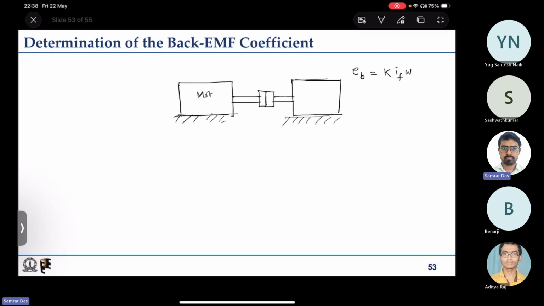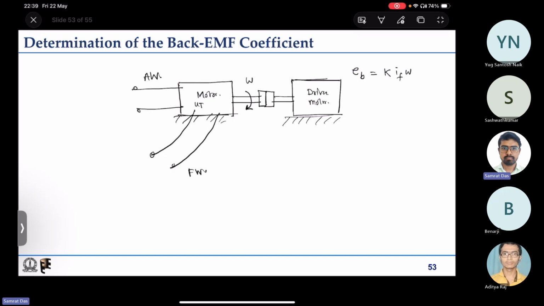So say this is the motor under test, UT, and this is a driver motor. So this is going to drive the motor under test. So we have some way of driving this whole motor assembly at a constant speed, say omega. We have the field winding, we have the armature winding.